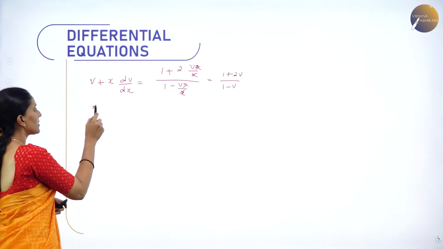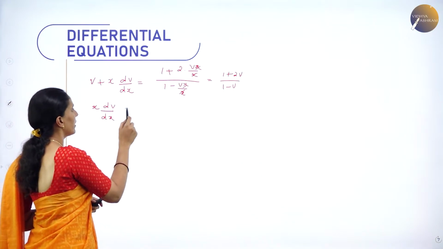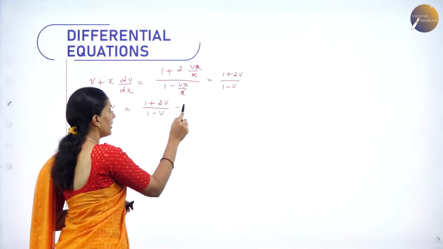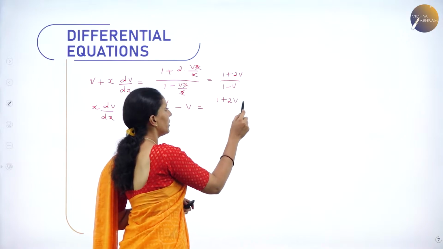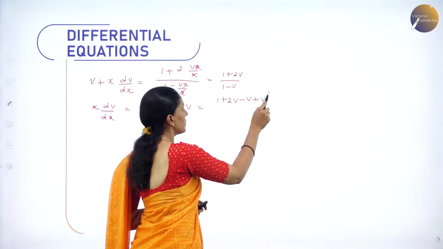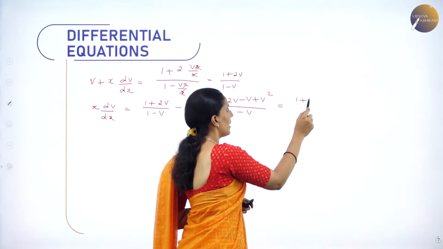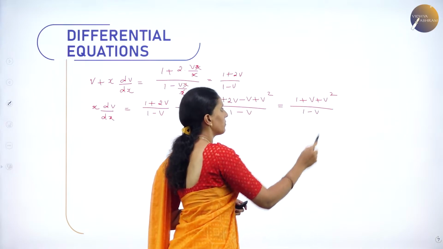Next we will keep x into dv by dx here. We will shift v there. It becomes 1 plus 2v over 1 minus v, minus v. On solving this, we get 1 plus 2v minus v plus v square divided by 1 minus v, which becomes 1 plus v square divided by 1 minus v.